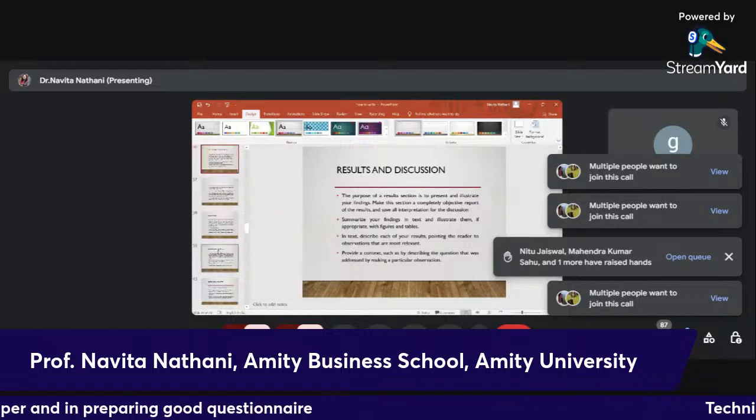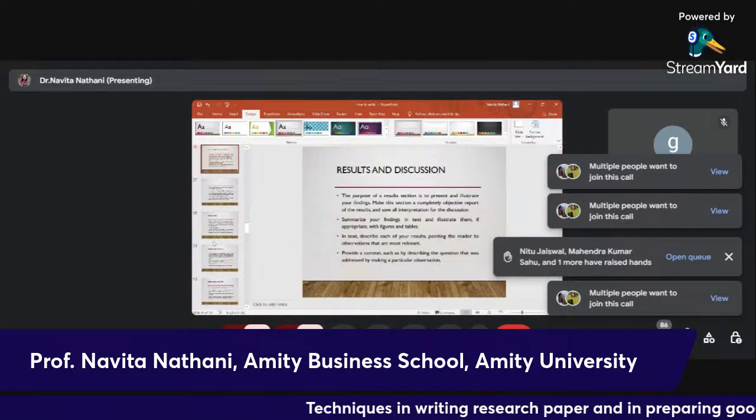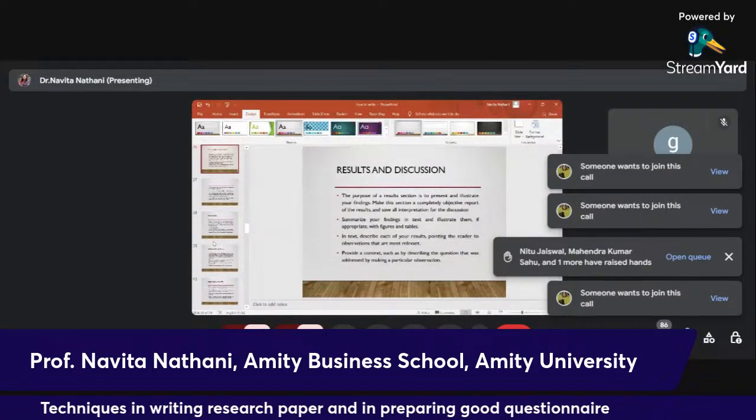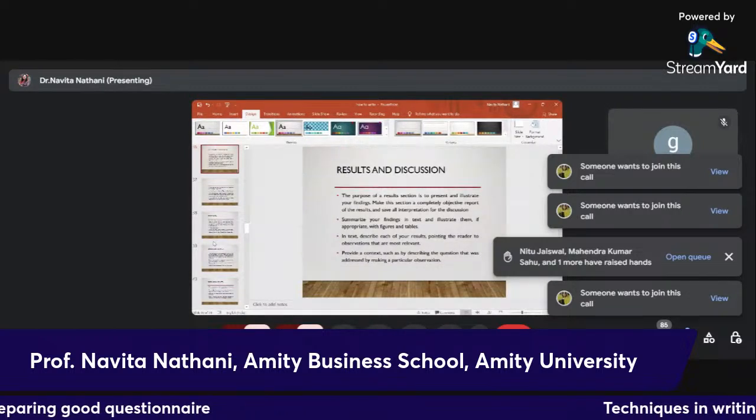So we are coming to the results and discussion. This is another important technique for writing research. Whenever you're writing results, you can write in two ways: there is a significant difference or there is no significant difference. But until and unless you add discussion to it, it is useless.